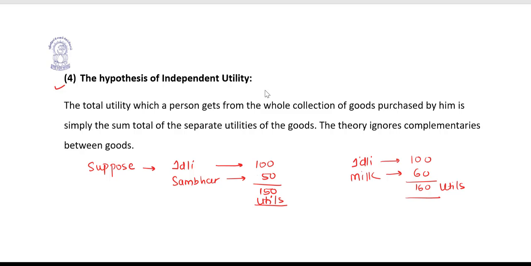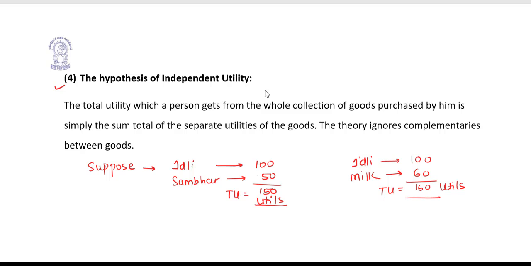Idli should be eaten with sambar. But according to this assumption, we just need to make a total of the utils that we achieve. So 100 utils plus 60 utils, and total utility will be 160 and not 150.